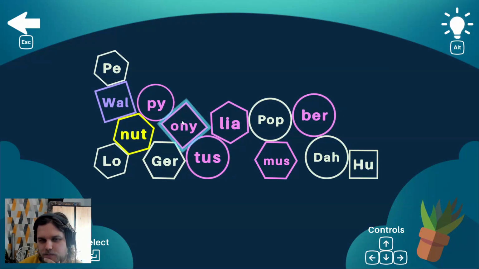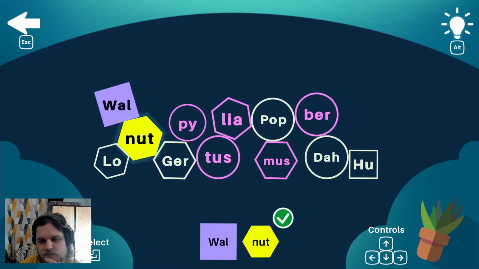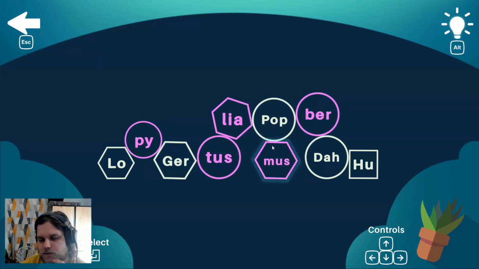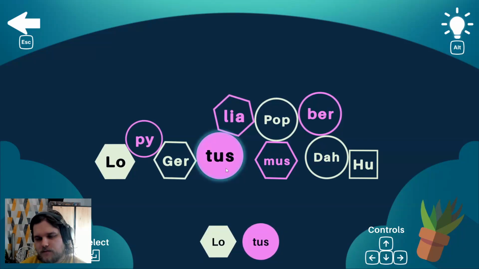Oni, so probably peony somewhere here. Walnut. Have more here. Lotus.